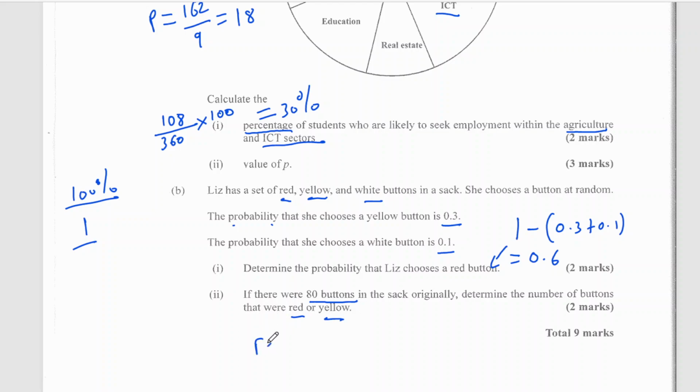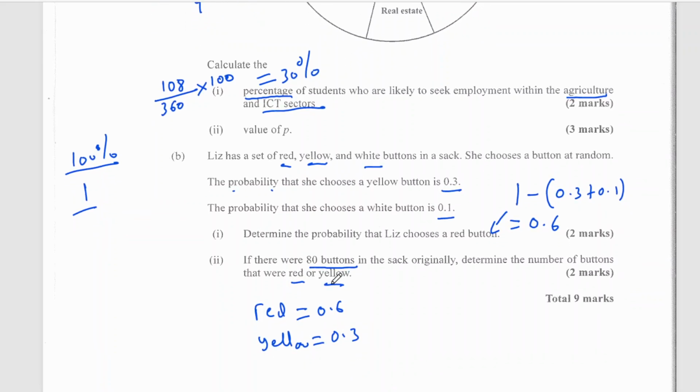So red, we would have 0.6, and yellow, we have 0.3. So they want to know how much is red or yellow. So red or yellow would be together 0.9.